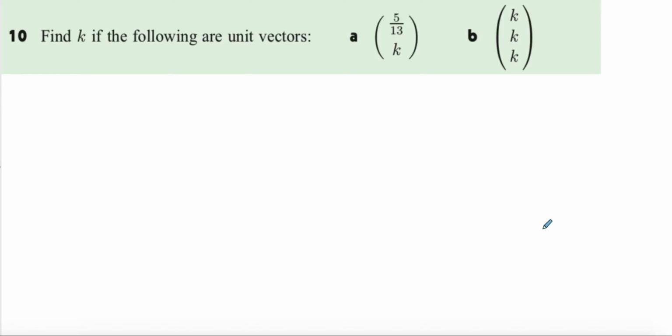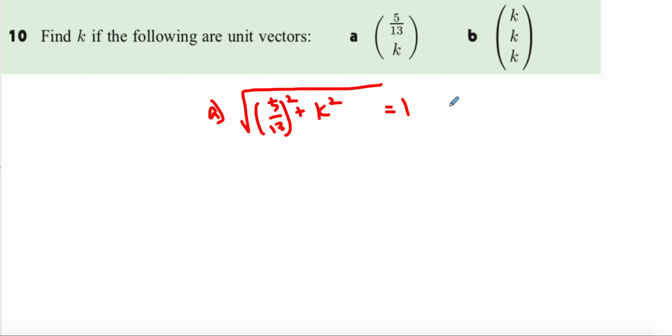All right, let's look at number 10. Find k if these are unit vectors. So that means for a, I can say square root of 5/13 squared plus k squared is equal to 1. I know that I can solve it this way, but you can see that this is quite interesting because this is coming from a 5, 12, 13 triangle. But you will see when I find the value of k here.